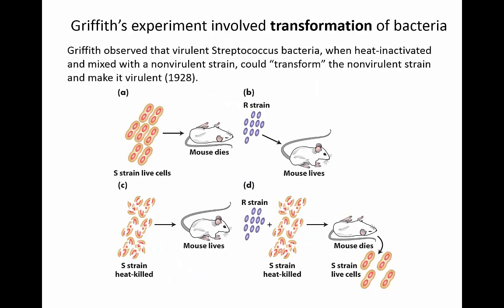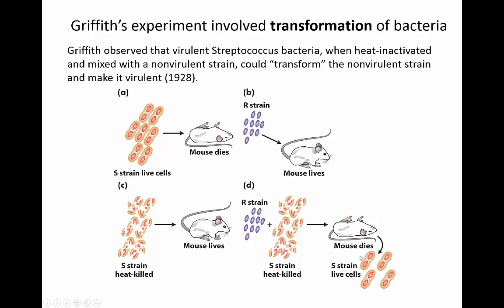An experiment we talked about back when we talked about the DNA structure actually was the first observation of transformation. If you remember, we talked about Griffith's experiments where he took this streptococcus bacteria and injected it into mice. He found if you mixed this heat-killed strain of virulent bacteria together with a non-virulent strain, you would actually kill the mouse and you could isolate virulent cells from that mouse.